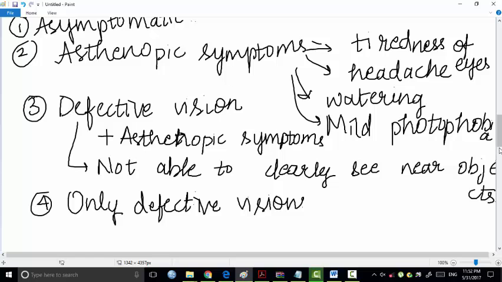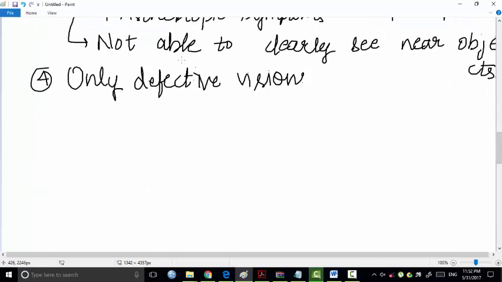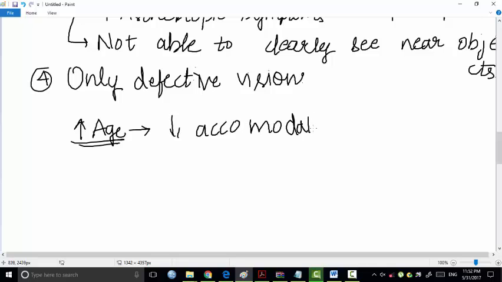Effect of aging on vision. What is the effect of aging? As I have said, with increased age, what happens? We have seen physiologically, but let's see in hypermetropia. Whenever there is increased age, there is decreased accommodative power, right?